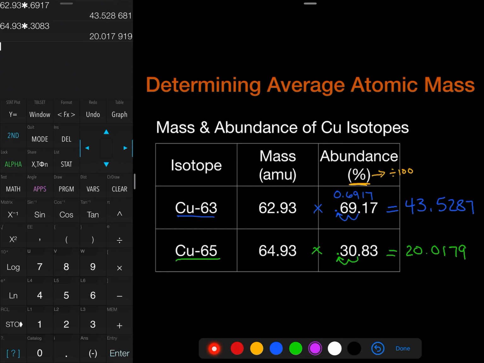All right, now that I've done that, my last step is to go ahead and add these two values together. So I'm just going to go plus, and we'll do our 43.5287. Oops, I forgot a decimal in there.